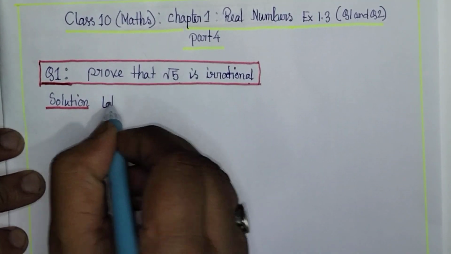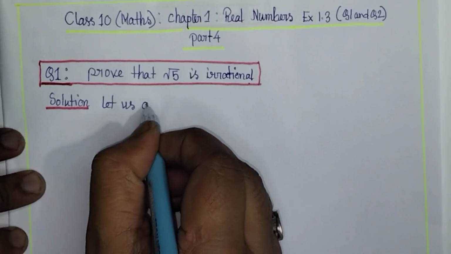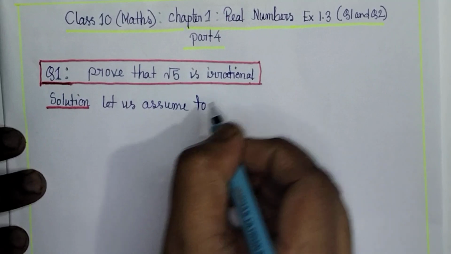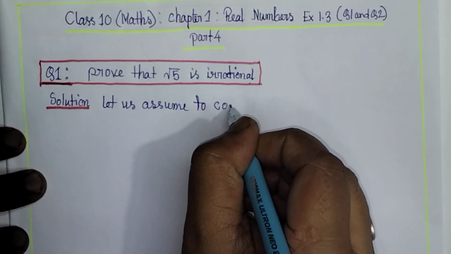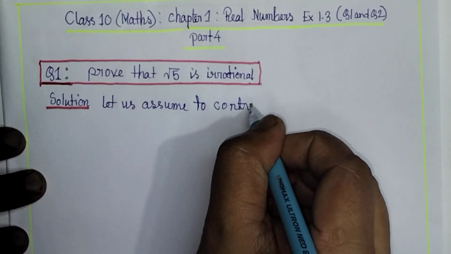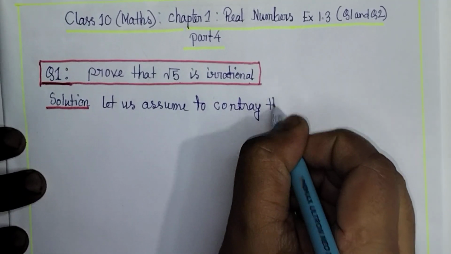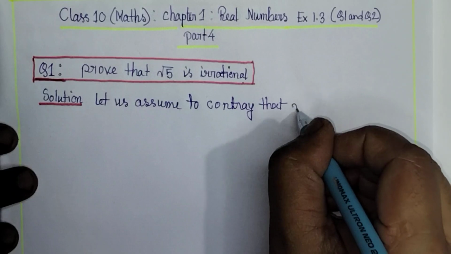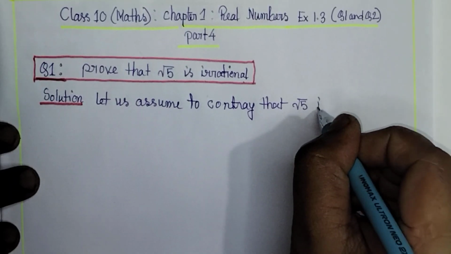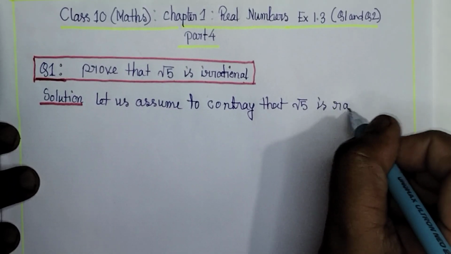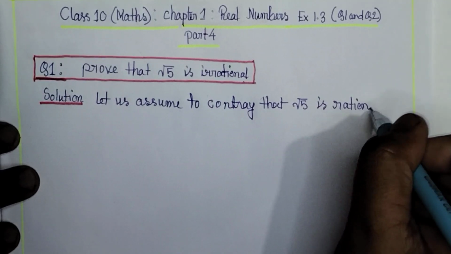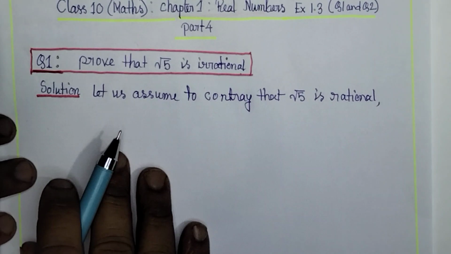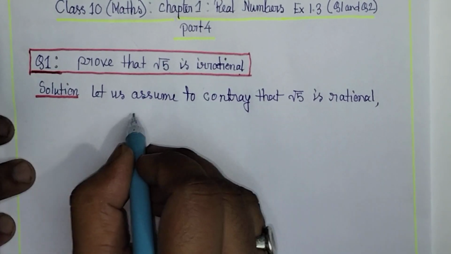Let us assume to the contrary that root 5 is rational. We know a rational number can be written in the P by Q form or A by B form.